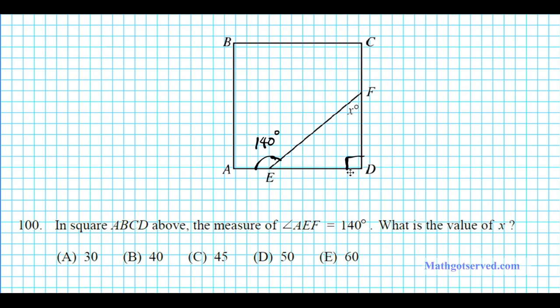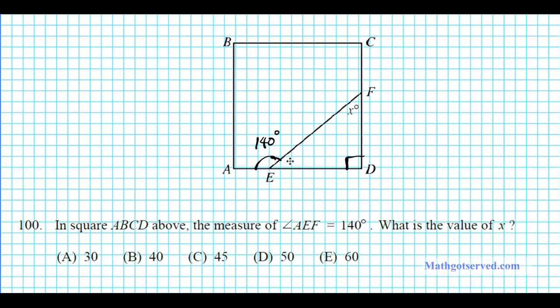So this is 90 degrees. Now, in order to find the value of angle X, what we can do is find this angle, add it to 90, and subtract from 180 to get that angle right there. There are other ways we can solve this problem, but let me do it the long way just to make sure you understand.